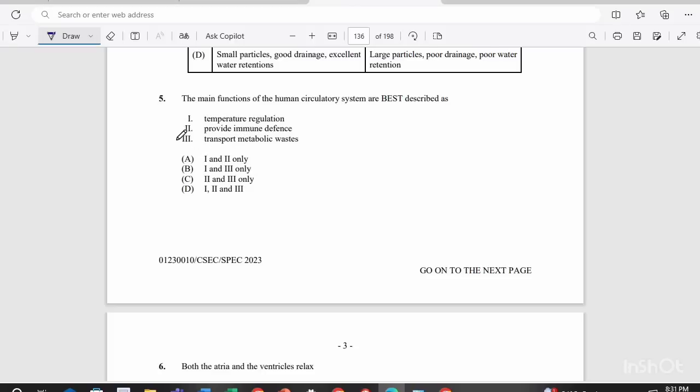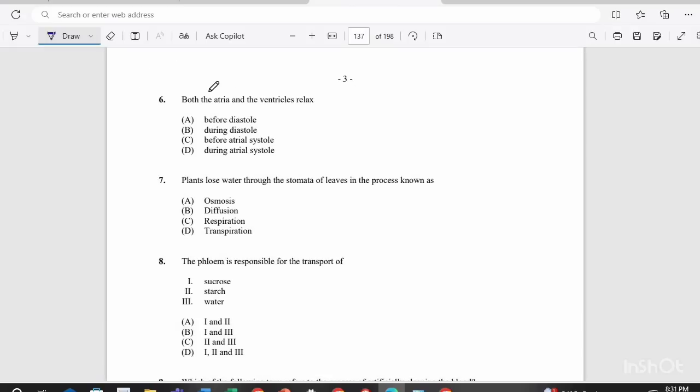The answer there is D, all of the above. Question 6. Both the atria and ventricles relax. A, before diastole, B, during diastole, C, before atrial systole, or D, during atrial systole? The answer there is B, during diastole.